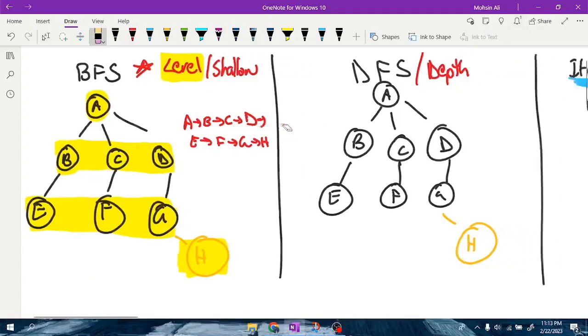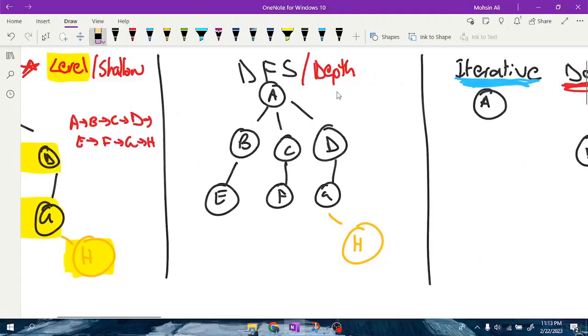How is it different from depth first search? Well, as the name states, it goes into a depth, right? And it goes down the rabbit hole. So you start with A, then you would go to B, then you would go to E. Now you can't go anywhere else, so you go back and you see, hey, does B have any other children? No, B doesn't have any children. Okay, let's go back.